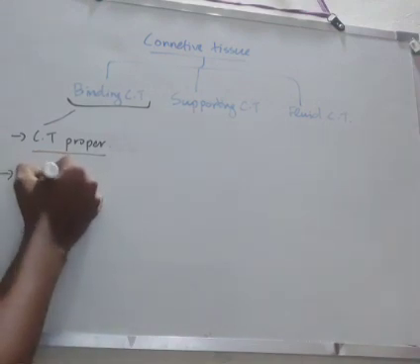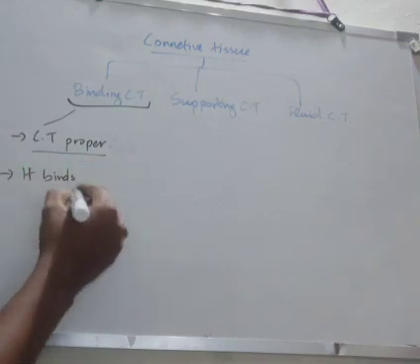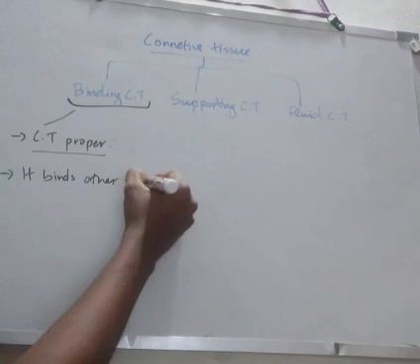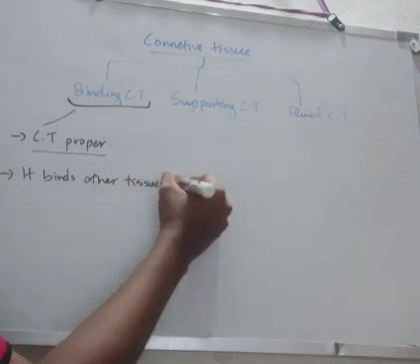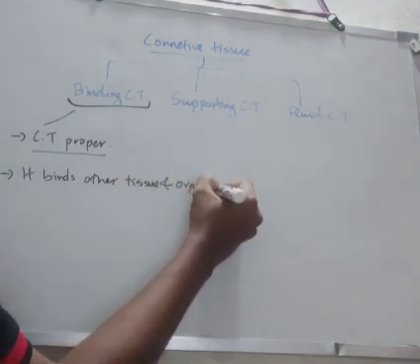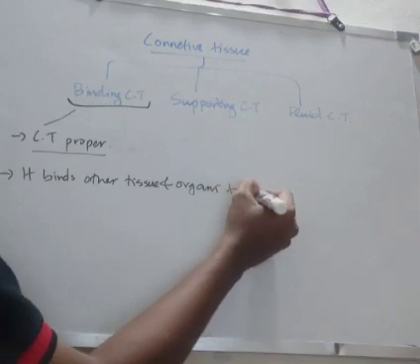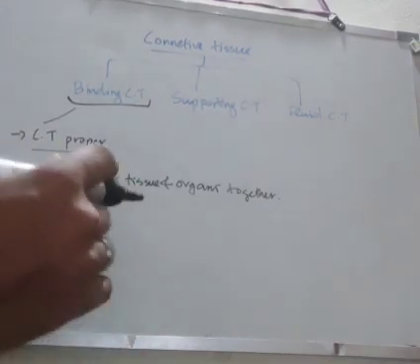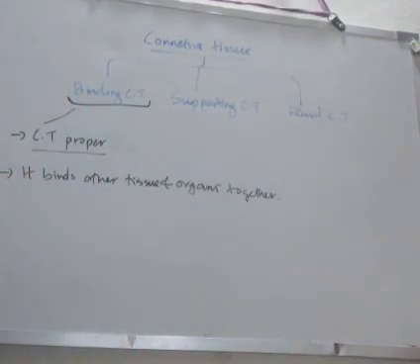It binds other tissues and organs together. So this is the function of binding connective tissue: it binds the other tissues and organs together.